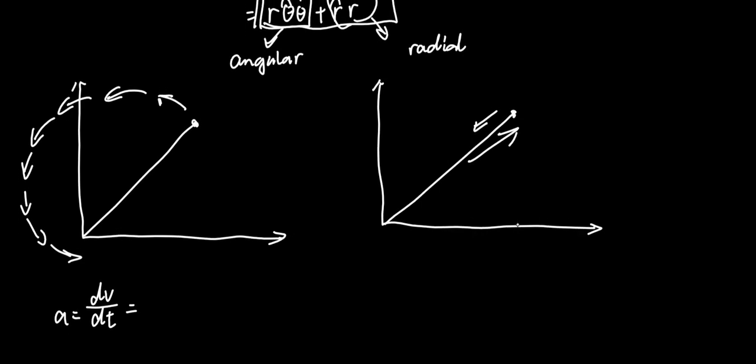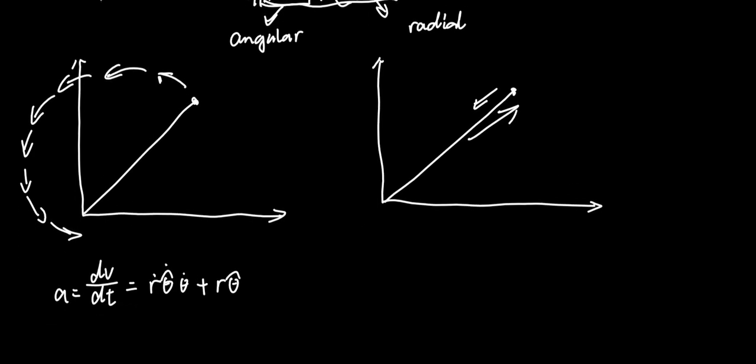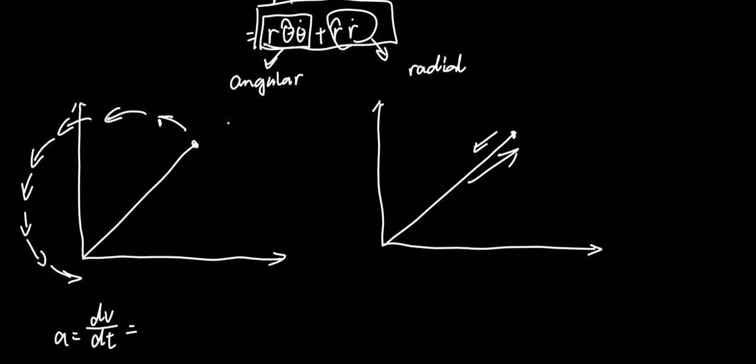So dv dt becomes r dot theta hat theta dot plus r times theta hat dot theta dot plus r theta hat theta double dot plus r hat dot r dot plus r hat r double dot.